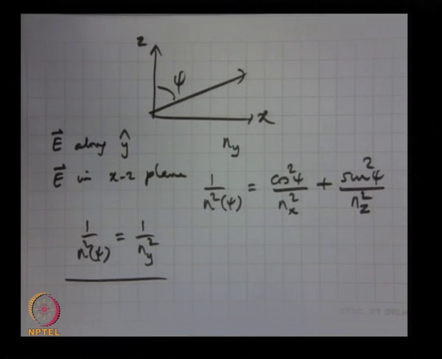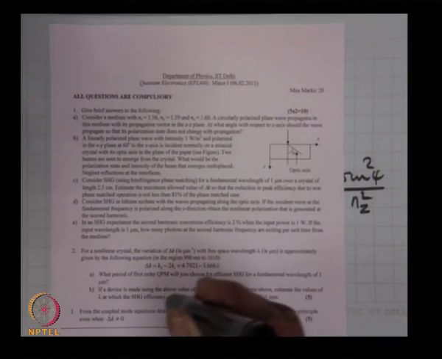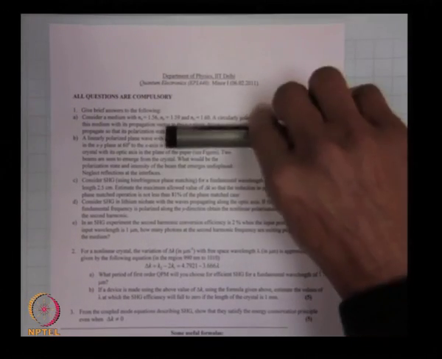The second part was essentially the second question, which is breaking up the input polarization state into one which is ordinary and the other which is extraordinary. The ordinary one is perpendicular to the plane of the paper, the extraordinary one is parallel to the plane of the paper.